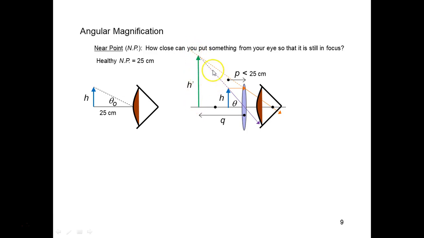Notice that if I draw a line, this dashed purple line, from the tip of that arrow to the intersection point of the optic axis and the lens, I form a triangle, similar to the triangle I formed over here, but this angle theta is going to be bigger than this theta naught. So that's what we want. We want this angle to be bigger than theta naught. So what we'll do is we'll formulate the angular magnification to be this angle theta over this theta naught.